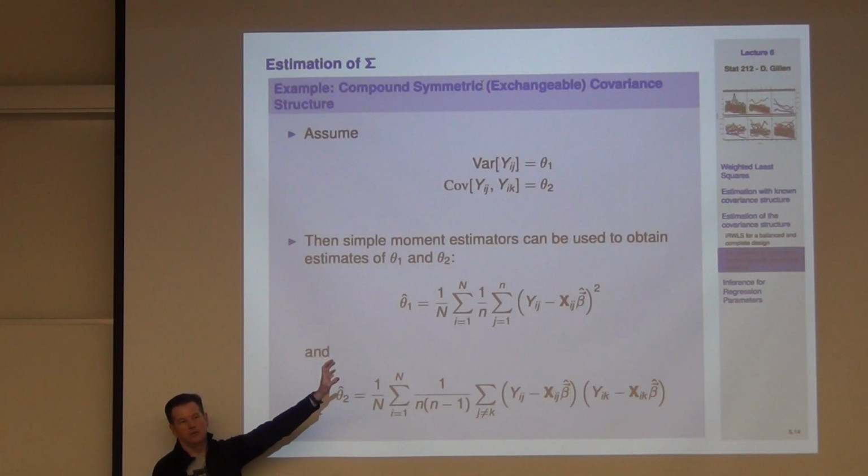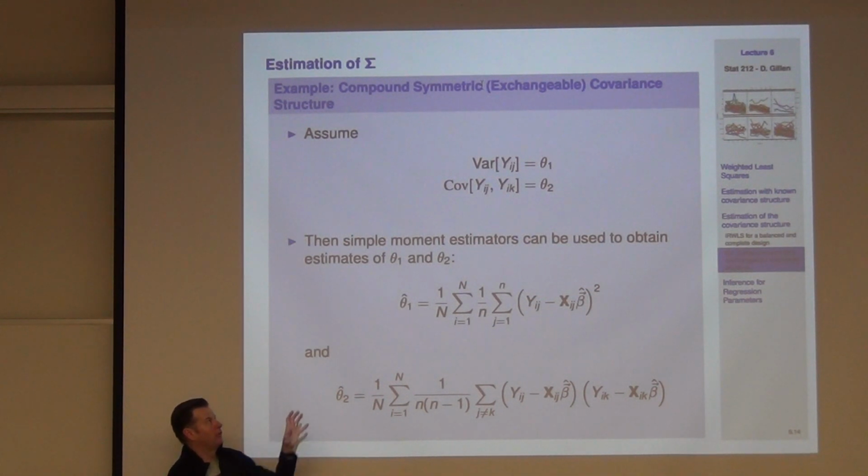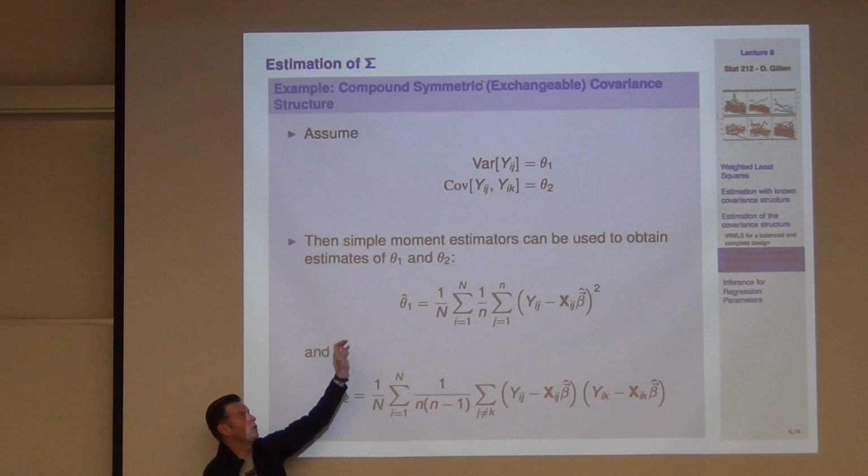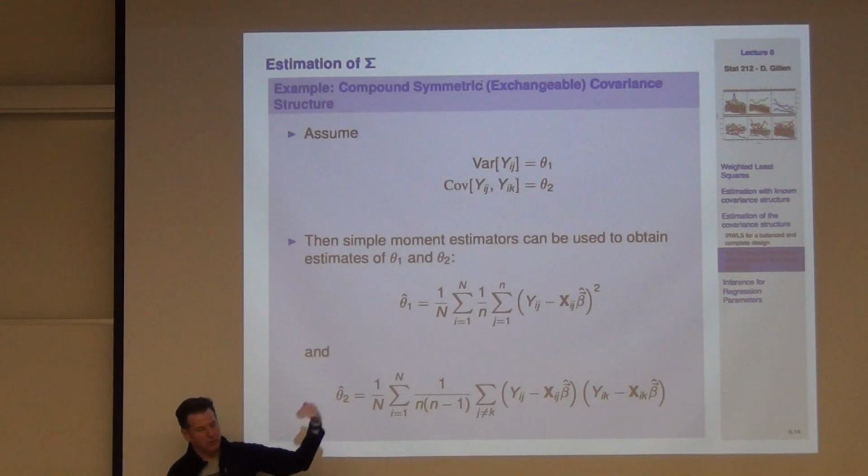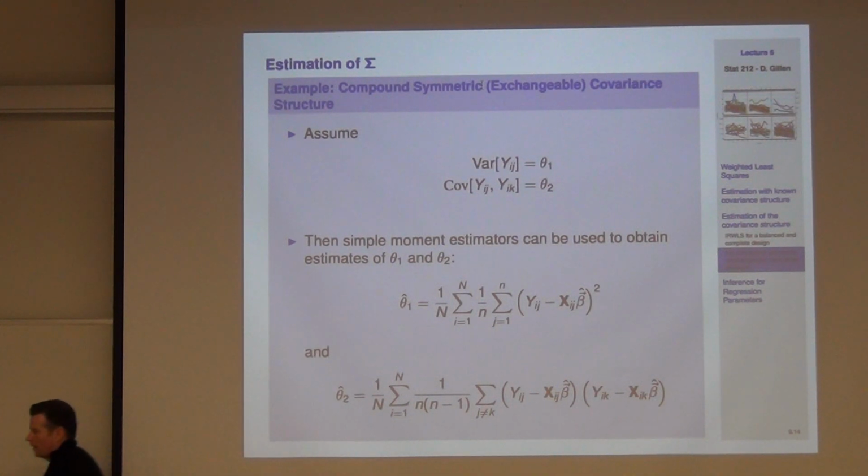There are equivalencies here. I can either say, look, the variance of each one of my Yij measurements is equal to theta 1, and the covariance between any two of them is theta 2. That's the exchangeable concept. But this also comes from the derivation if you assume just a random intercept model. A simple random intercept also gives rise to this exact same variance covariance structure, okay?